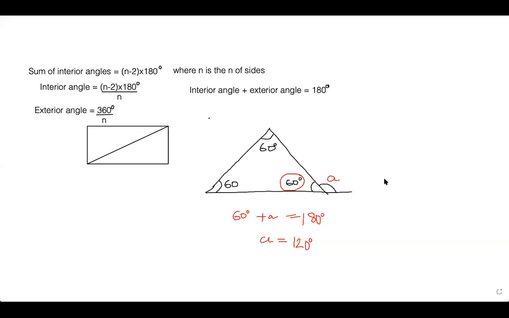So they might not ask you to find the sum of exterior angles because those angles are outside that particular shape. In most cases, they usually ask you to find angles within a particular shape, and those are interior angles. So I don't want you to worry so much about the sum of exterior angles. You just need to know how to get angles within a shape.